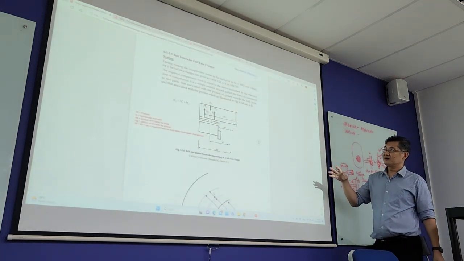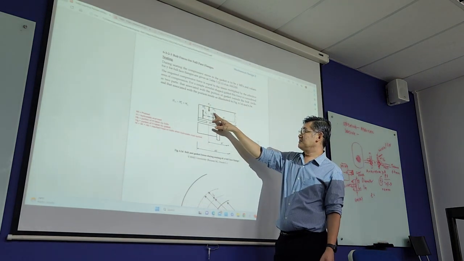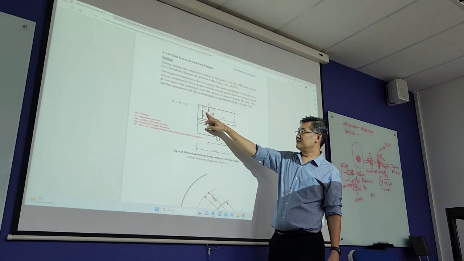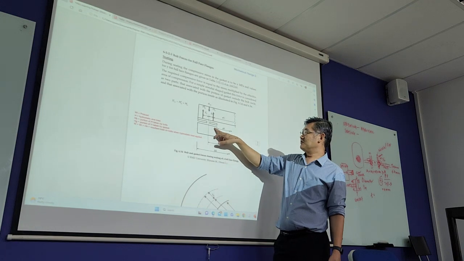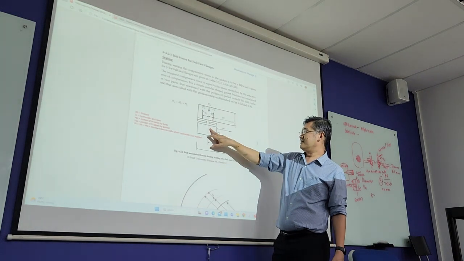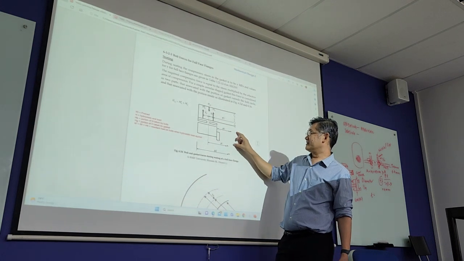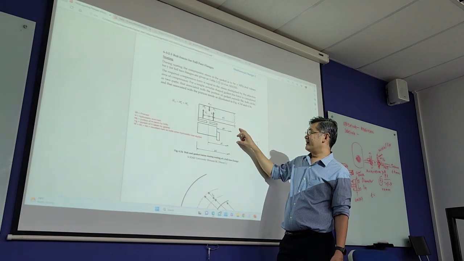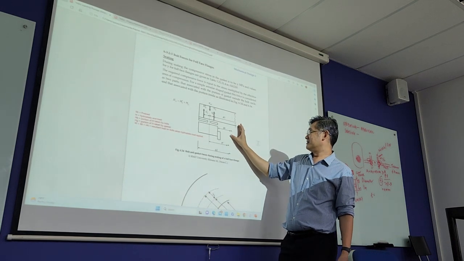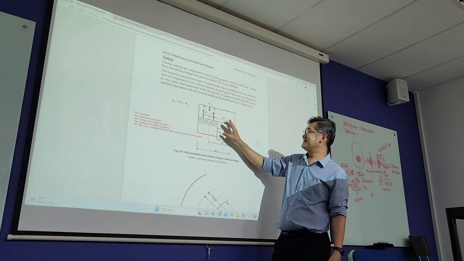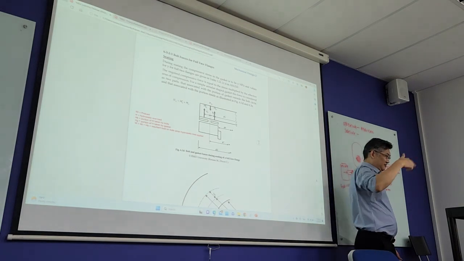Over here they show us the full face flange, the one that we use. So you have this notation, and the notation can be found in your AS 1210. Over here they just show you the plate, and then this is the gasket, and then the bolt. And this is the design of our flange. Over here is your nozzle. How the distance between the gasket and the nozzle is something you need to know for calculation.